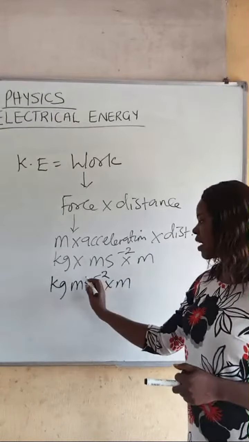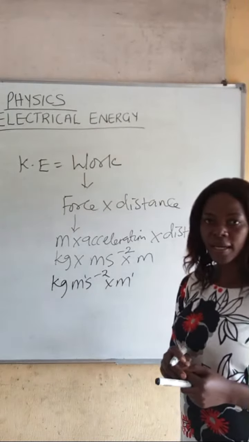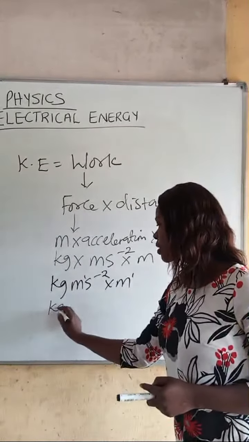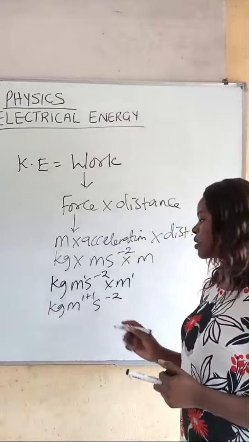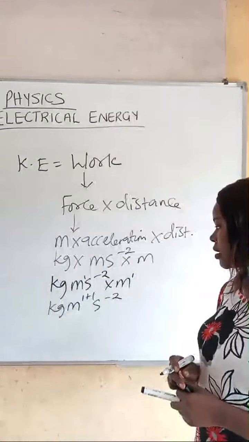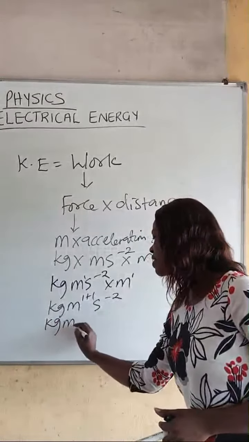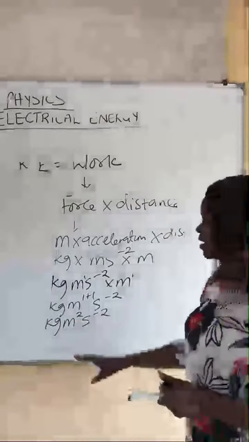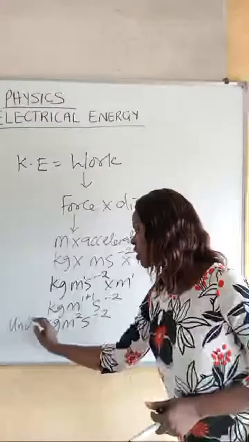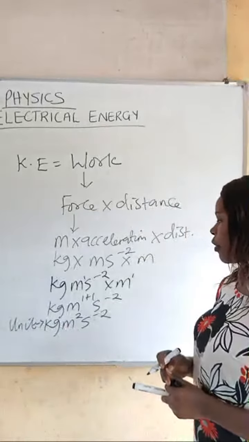The meter has a power of 1 and 1, so we bring them together to have kilogram meter 1 plus 1 per second square. That gives rise to kilogram meter square per second square, which is the unit of energy.